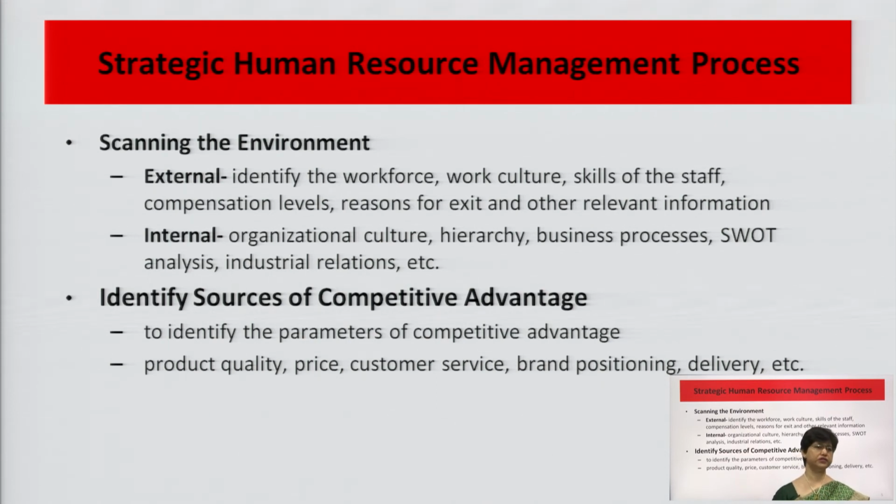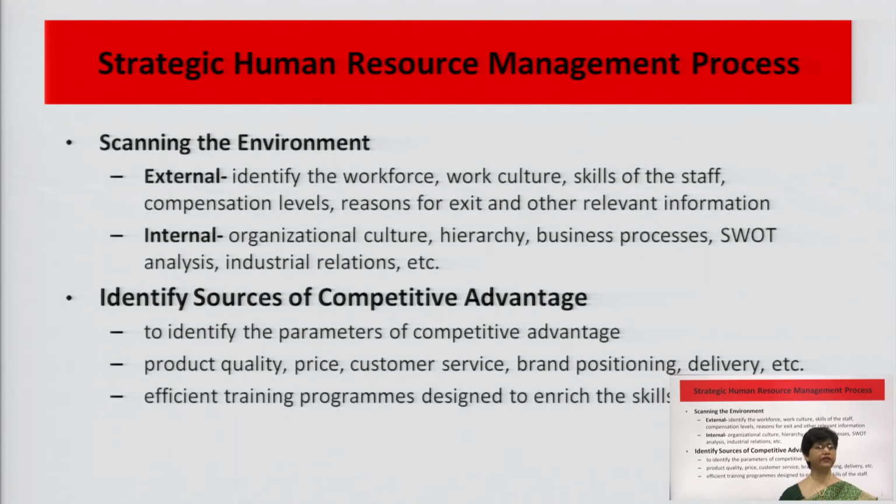So, it is very important to identify what parameters make us a better company when compared to the competitors. Certain parameters include product quality, customer services, brand positioning and delivery of the product or the service. These are some of the parameters which should be identified, and how good our employees are in delivering this.